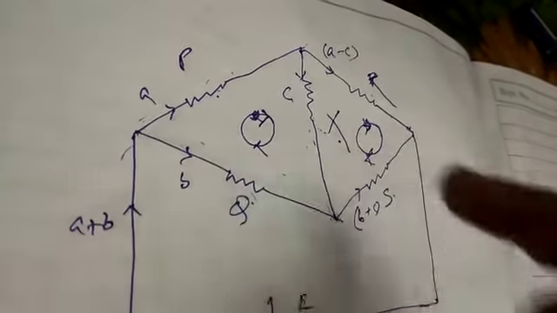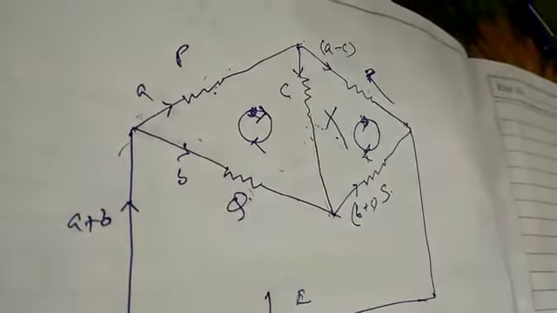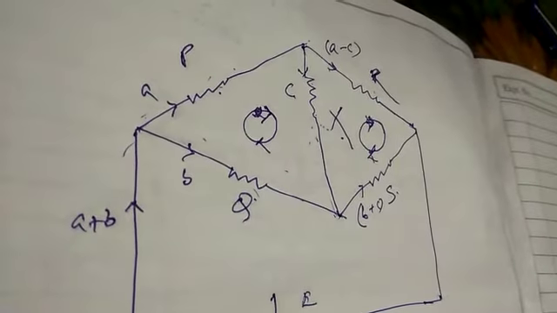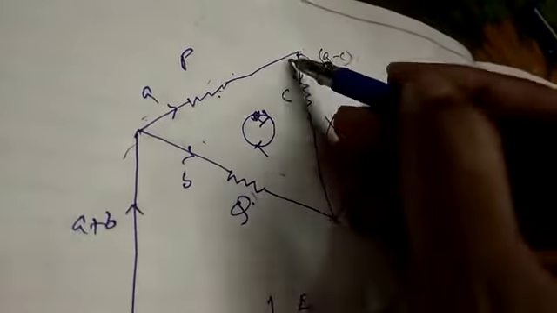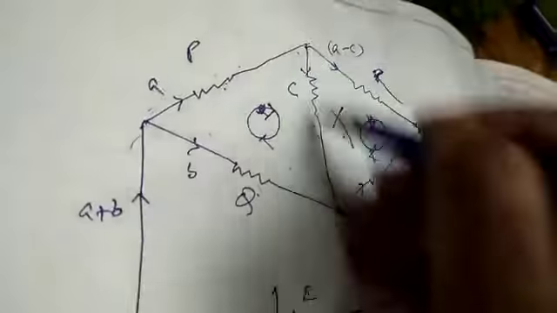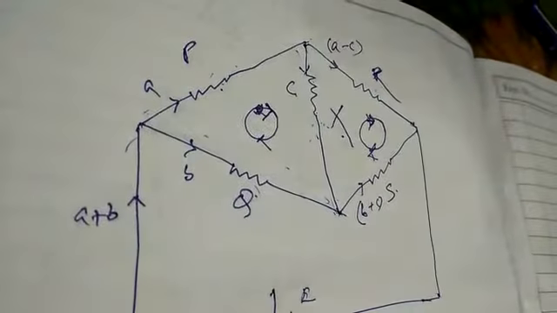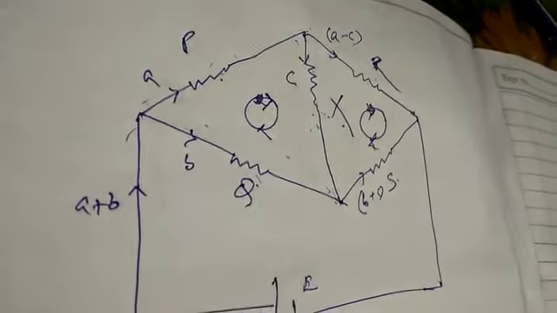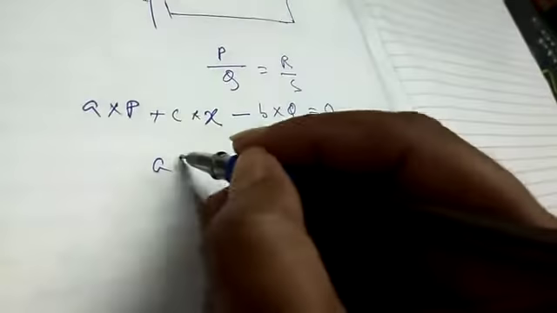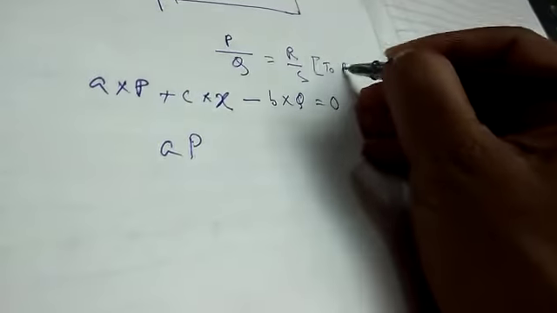There is no EMF, so sum of EMF is 0. And also the condition is that no current passes through X, so C should be 0. So if C is 0, the equation becomes A into P. This is what we have to prove.